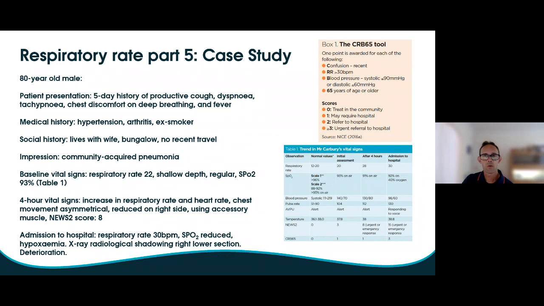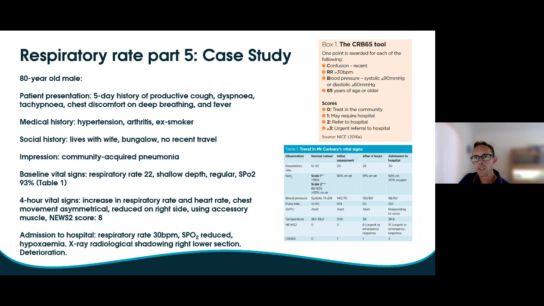The vital signs should be recorded as part of a holistic assessment, and this gives you baseline measurements to determine whether later there are any changes, whether you've given some treatment and they've improved, or they've got worse. Respiratory rate should be measured over the full 60 seconds. The depth of his breath was shallow, but the rhythm was regular, and his oxygen saturations were 93%.